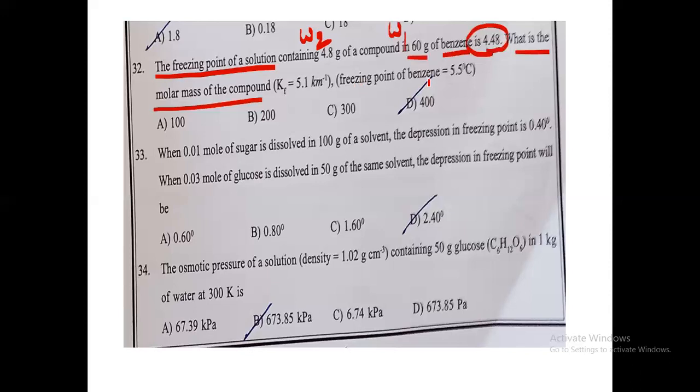The freezing point of pure benzene is given as 5.5, and for the solution 4.48. For the pure solvent it is TF naught, the freezing temperature of pure solvent. Now we are asked to calculate the gram molecular weight.